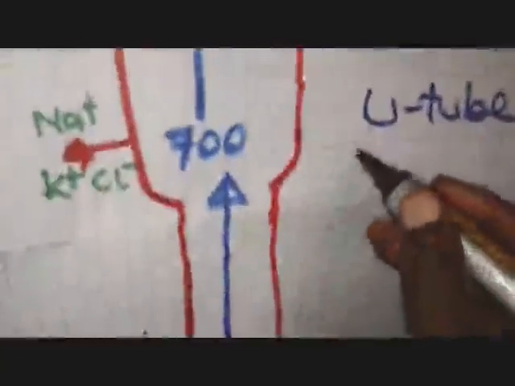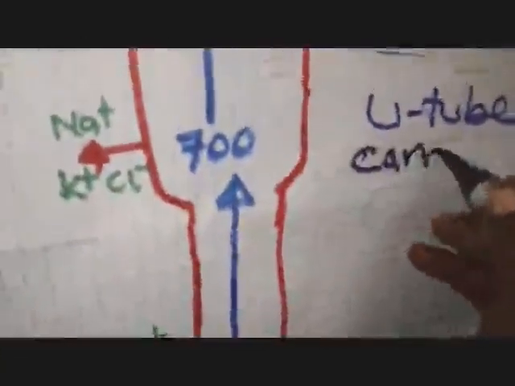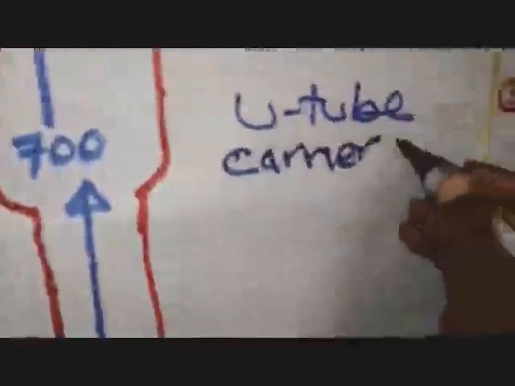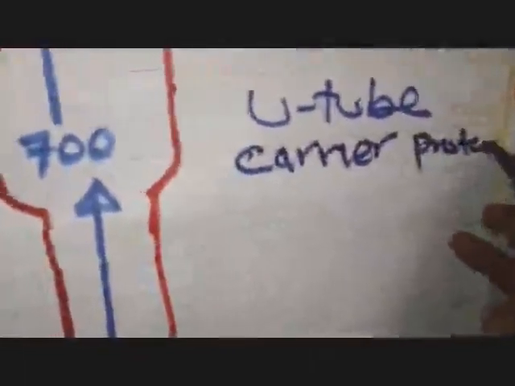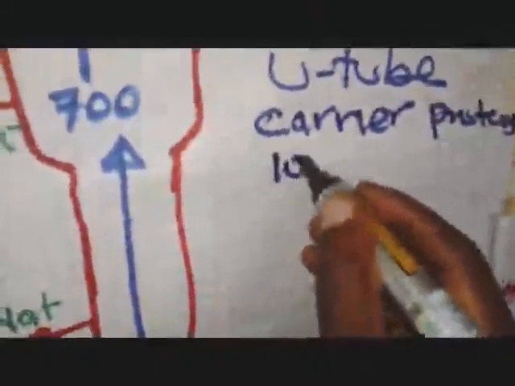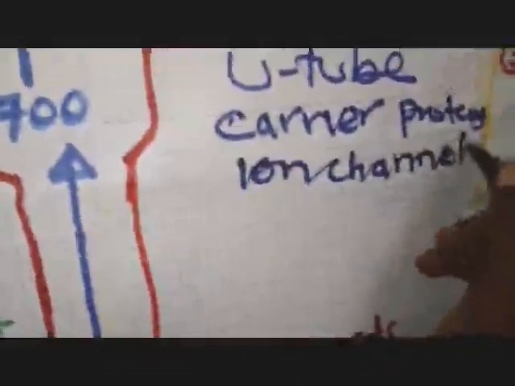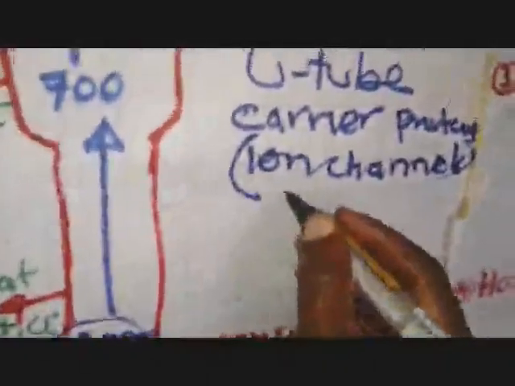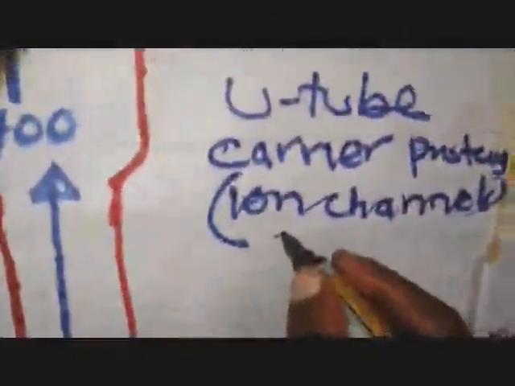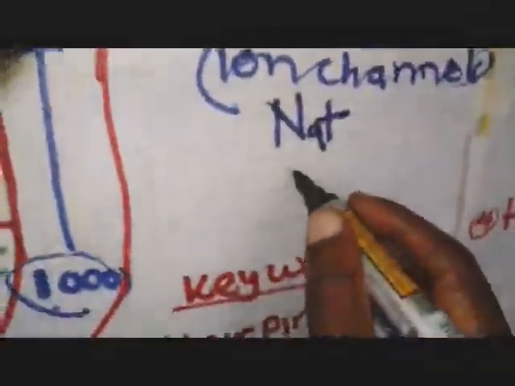These proteins work as ionic channels, meaning they can carry ions. Which ions? Our first ion is the sodium ion, another is the chloride ion, and we also have the potassium ions. We are seeing them here moving out.